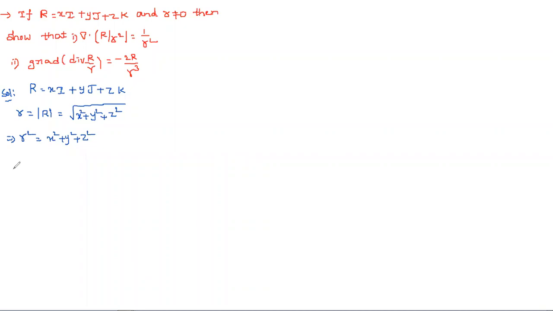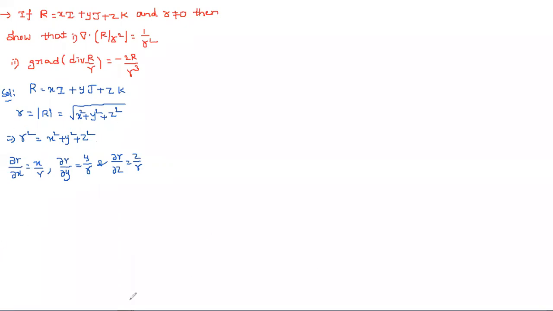So differentiating R partially with respect to x, y, and z, we get dou R by dou x is equal to x by R, dou R by dou y is equal to y by R, and dou R by dou z is equal to z by R. This is information we already know: whenever we have R in the problem itself, you need to remember all these points, right?